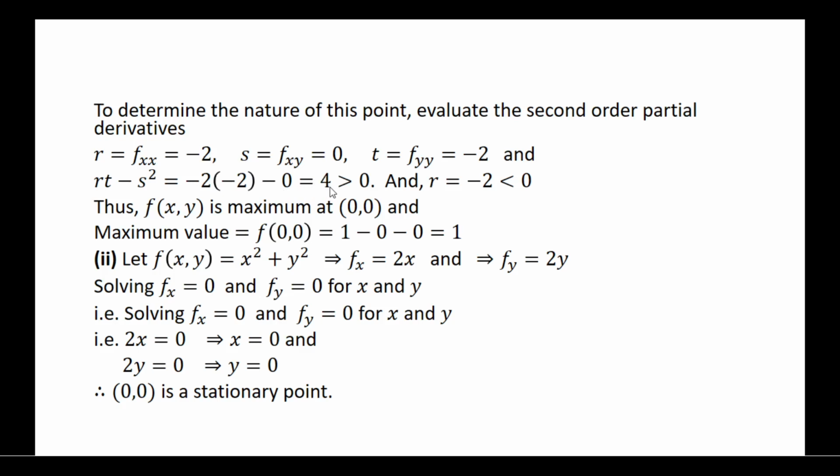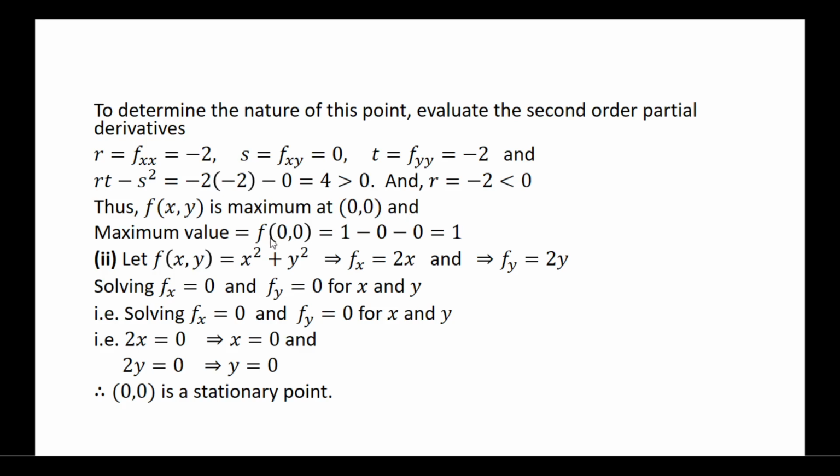Plus 4 is a positive value, greater than 0. And r is a negative value, less than 0. So rt minus s square is greater than 0 and r is less than 0, which means the function has a maximum at the stationary point 0 comma 0.